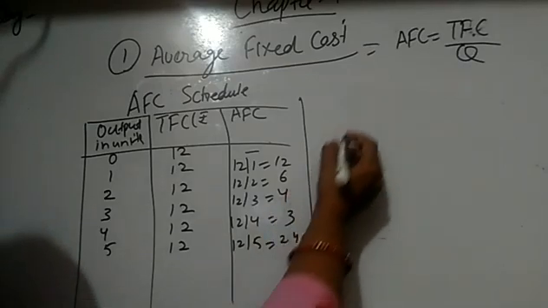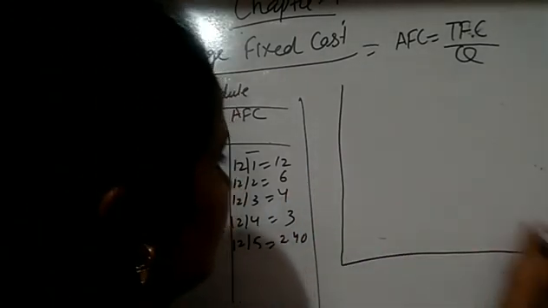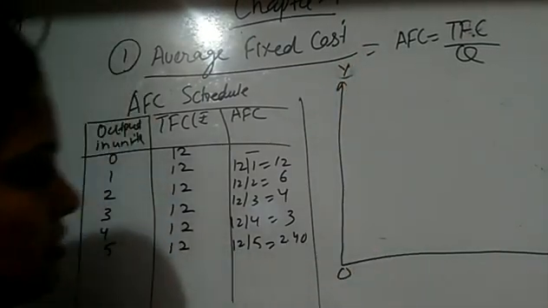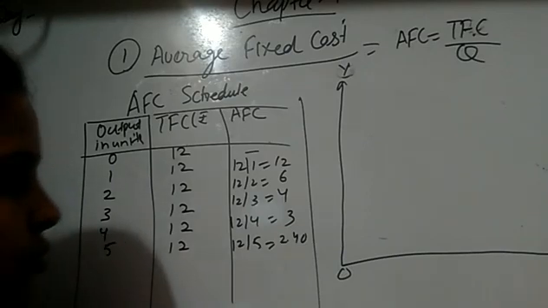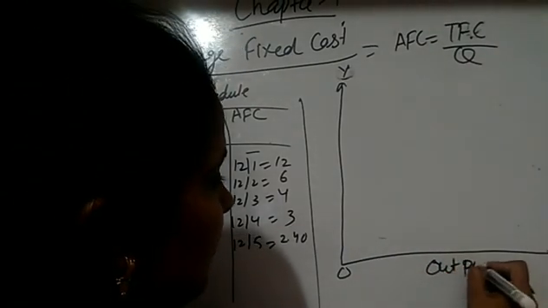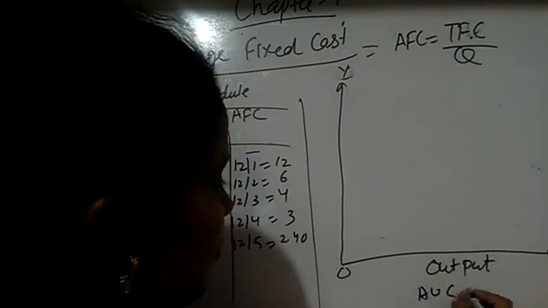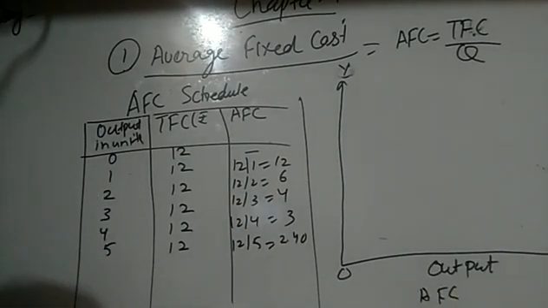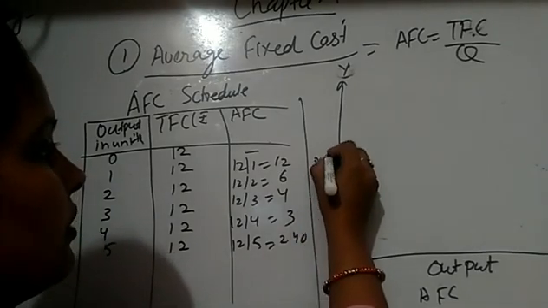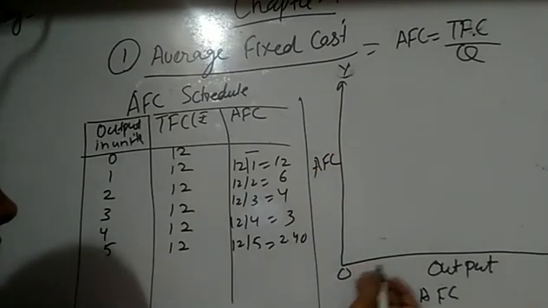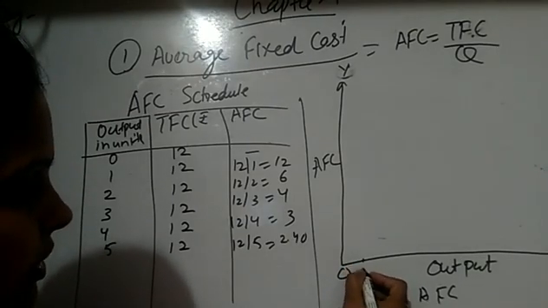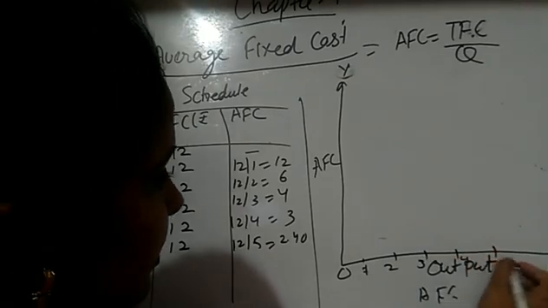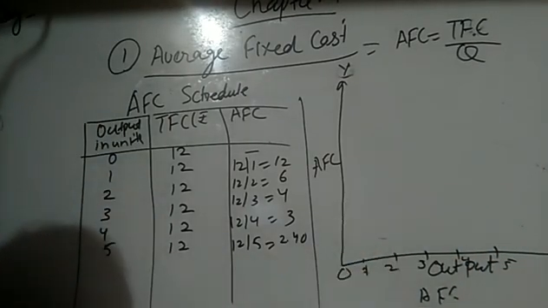Now if I am presenting this through a diagram, this is a graph. Along the x axis I am presenting output, and on the y axis I am presenting the average fixed cost. I am writing output 1, 2, 3, 4 and 5.